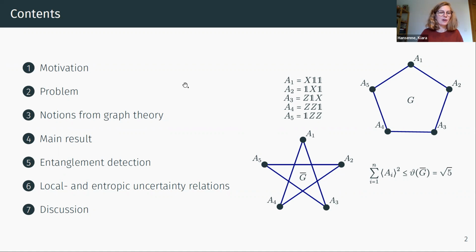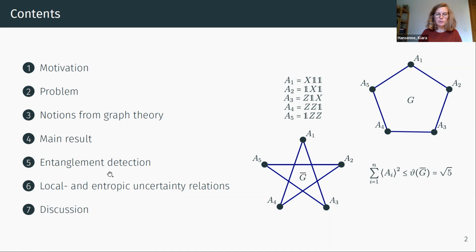Okay, so first I'm going to motivate a bit what we are later going to discuss as a problem. And then in order to solve this, what we did in the paper, we are going to introduce some notions from graph theory. And then once we did all that, we will be able to go to the main result and then see how this result can be applied to different problems in quantum information.